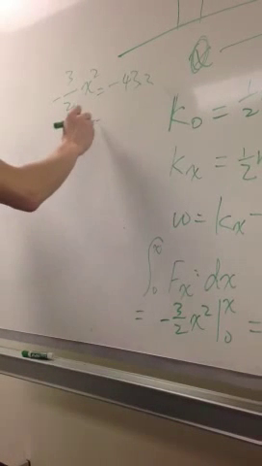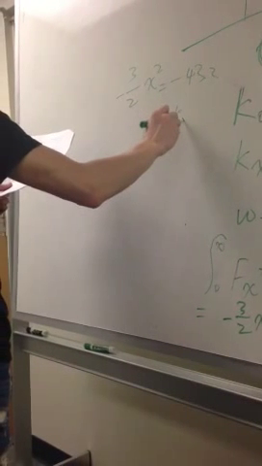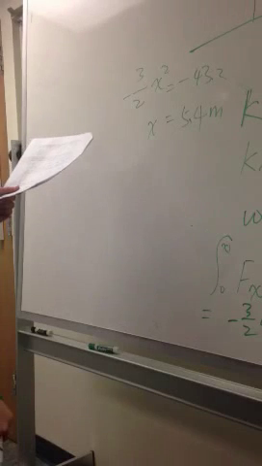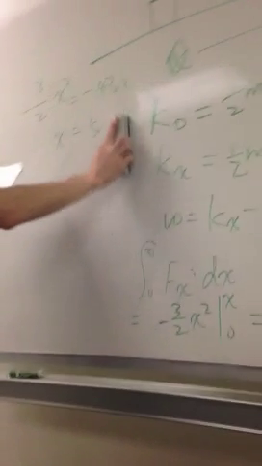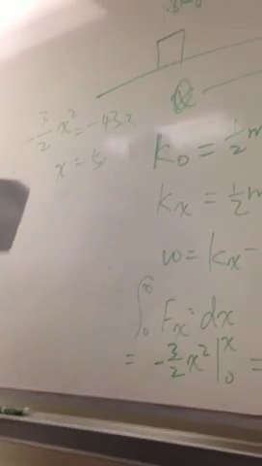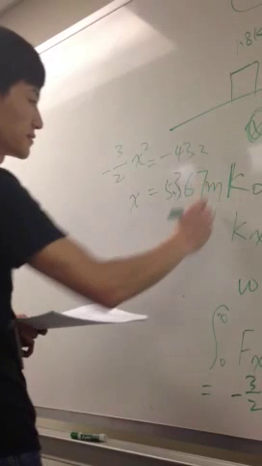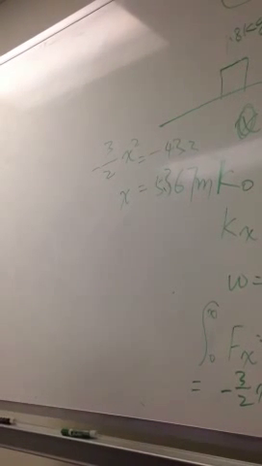If you calculate, x is 5.4 meters, 5.367 meters. And it will be B.